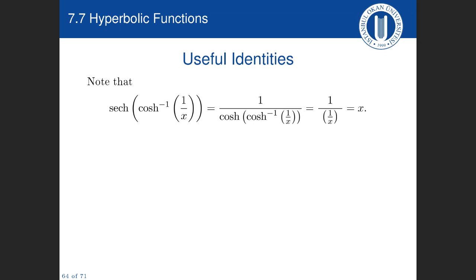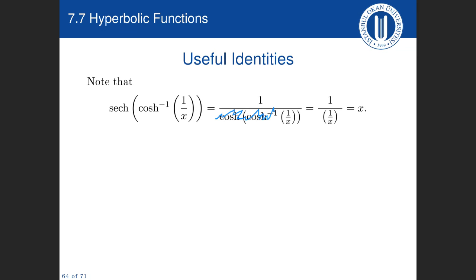Sech of cosh inverse of 1 over x. Remember, sech means 1 divided by cosh. So this is 1 divided by cosh of cosh inverse of 1 over x. Cosh and cosh inverse, of course, are inverses of each other, so they cancel out.